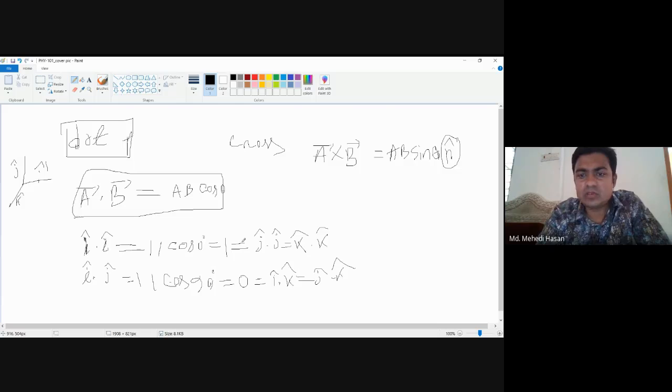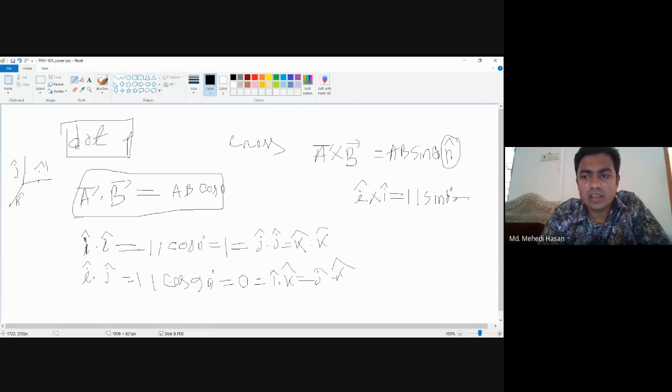Now let's go to the cross product. In case of cross product, i cross i is 1 times sin 0 degrees, and sin 0 is 0.